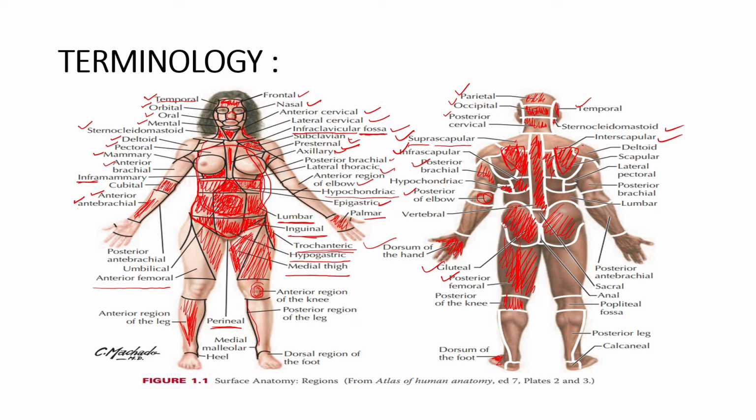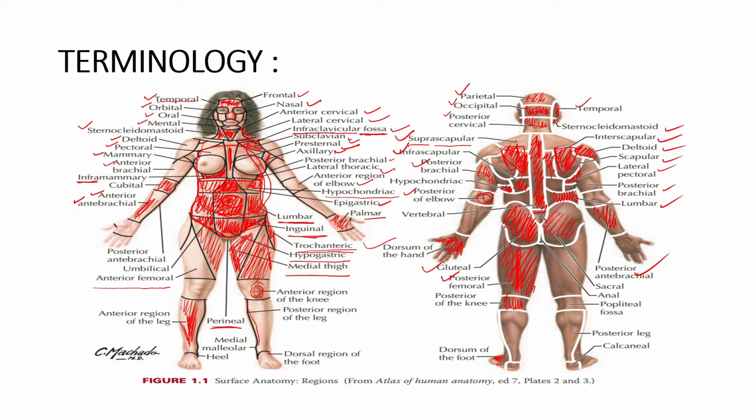After that, this muscle is called deltoid, we know. This is scapular region, just above the scapula, the triangular bone. After that, this side region is called lateral pectoral. Okay, posterior brachial already I have told. This region is the posterior part of the lumbar region. Now this is the posterior part of the antebrachial region.